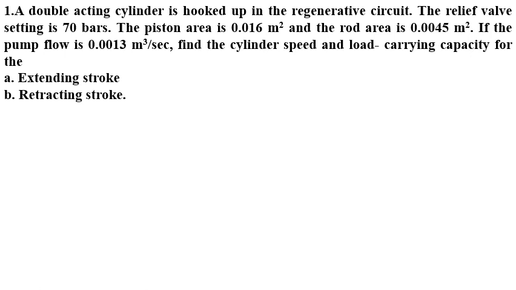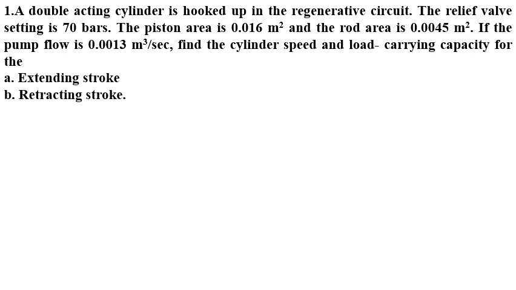If the pump flow is 0.0013 meter cube per second, find the cylinder speed and load carrying capacity for sub question A, extending stroke, and sub question B, retracting stroke.